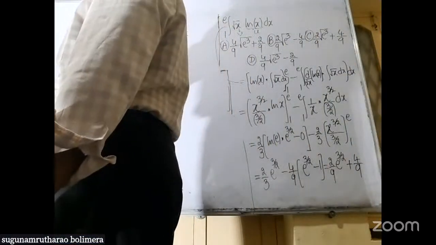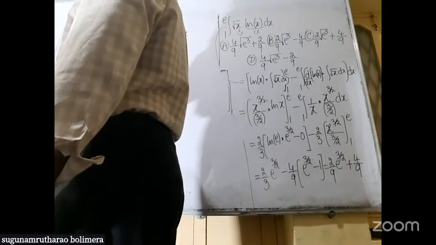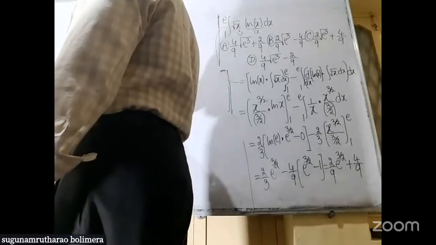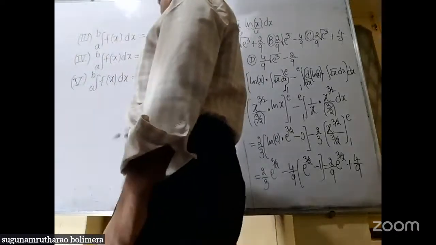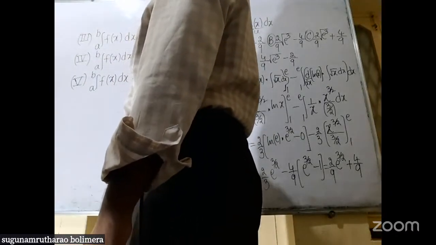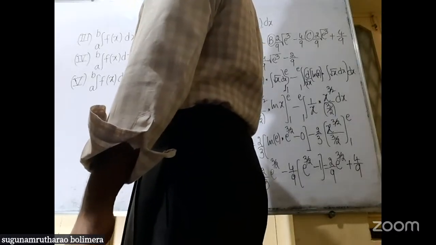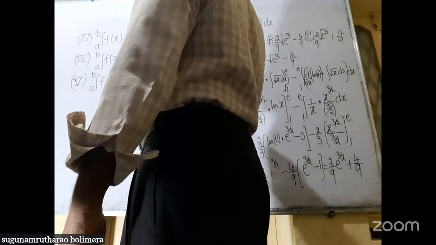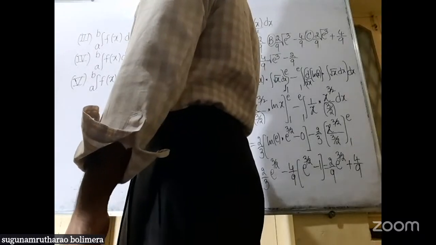Next, the integral from a to b of f of x dx is equal to the integral from a to c of f of x dx plus the integral from c to b of f of x dx, where a is less than c, which is less than b.